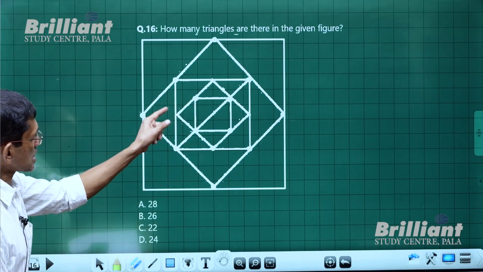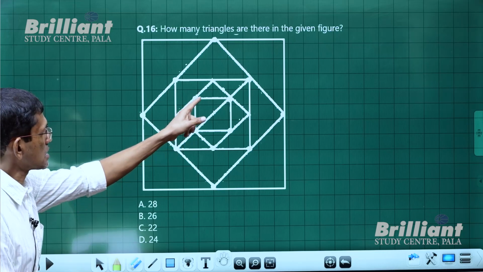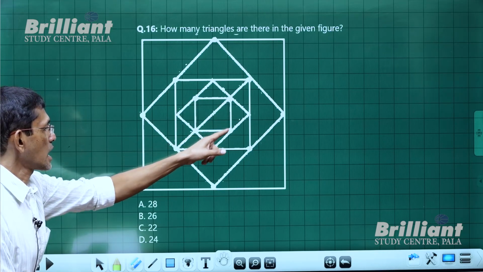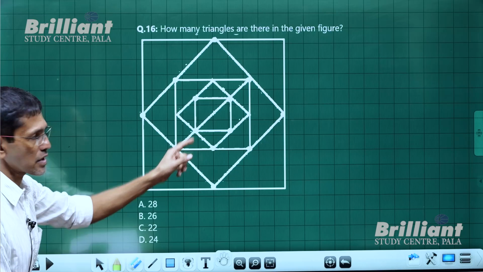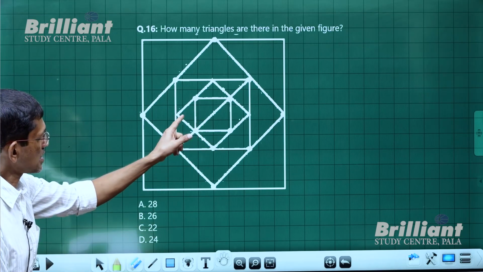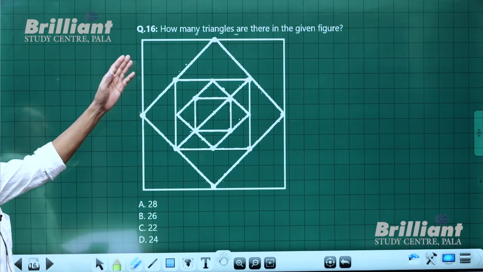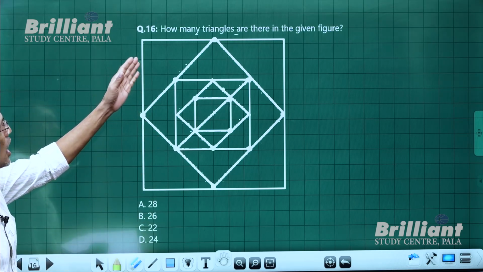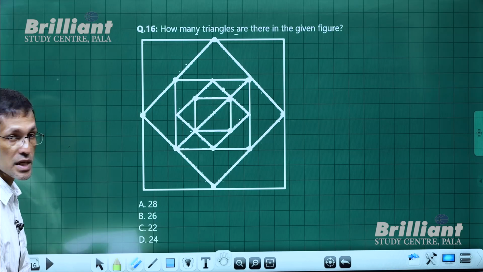Okay, since all the sides are equal and the angles are 90, it is a square rather than a rhombus. And here it's a square, then we have a number of triangles as well. However, the question is how many triangles are there in the given figure.